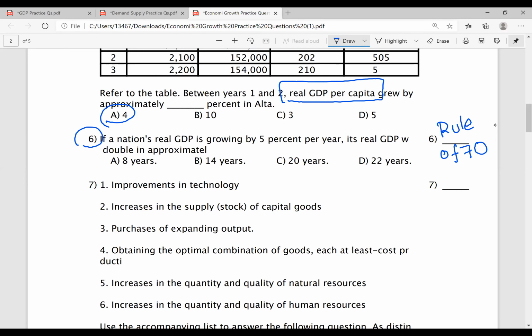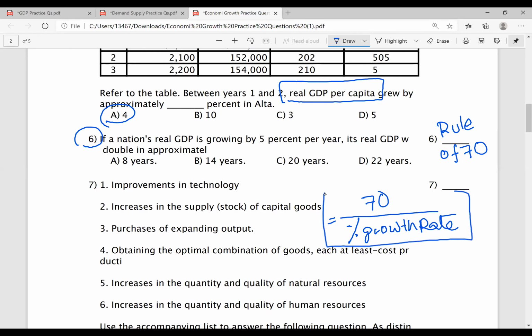The rule of 70 tells us how many years it takes something to double in value. So the formula for the rule of 70 is 70 over the percentage growth rate. This is the formula I'm going to use, and 70 is just a rule of thumb.